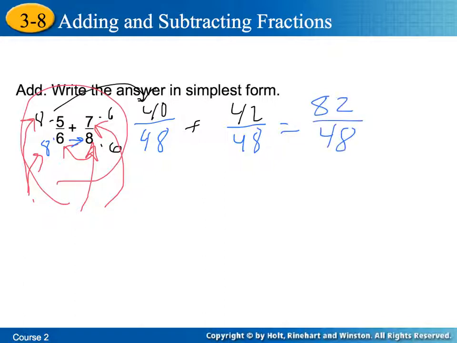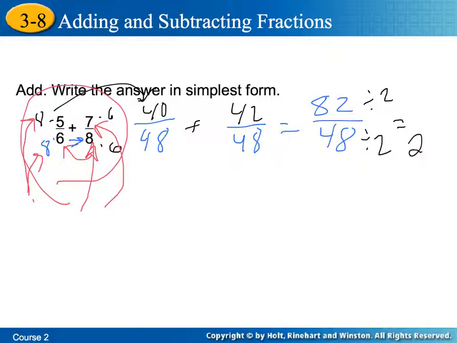Okay, now I can simplify this, and I am okay, I will say this again, I am okay if you leave it as an improper fraction. However, it needs to be the simplest form improper fraction. So when you do this, I can simplify this answer by dividing by 2, dividing by 2.